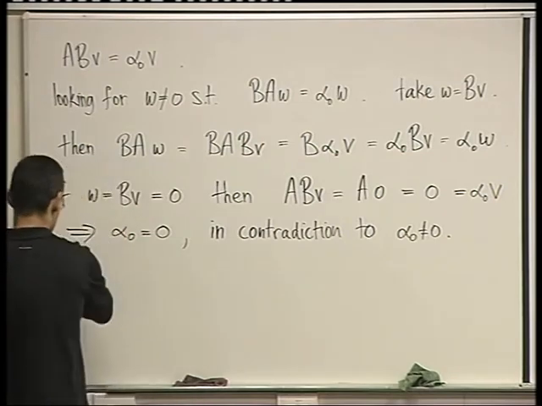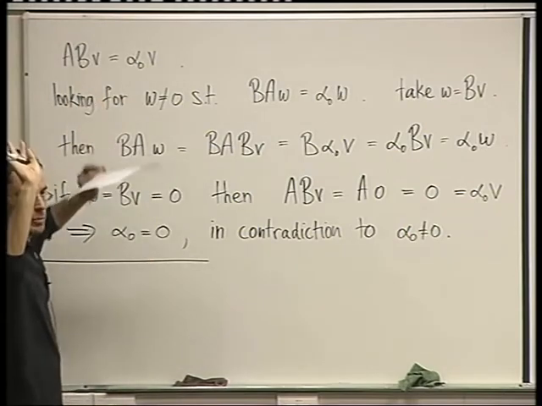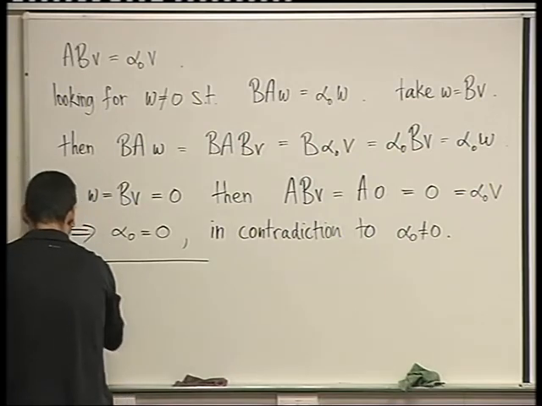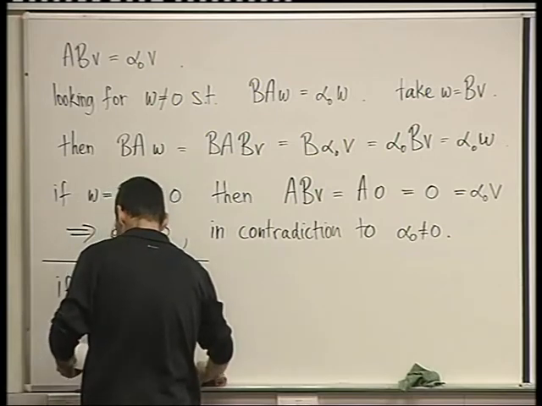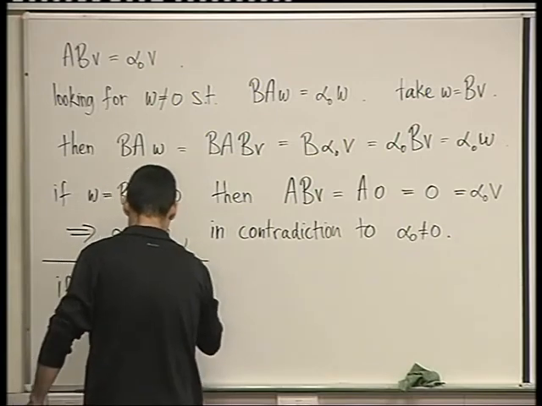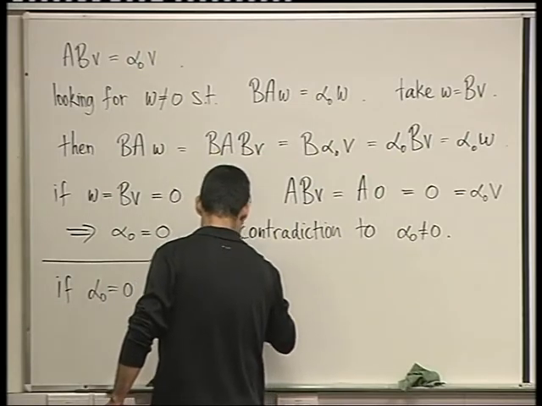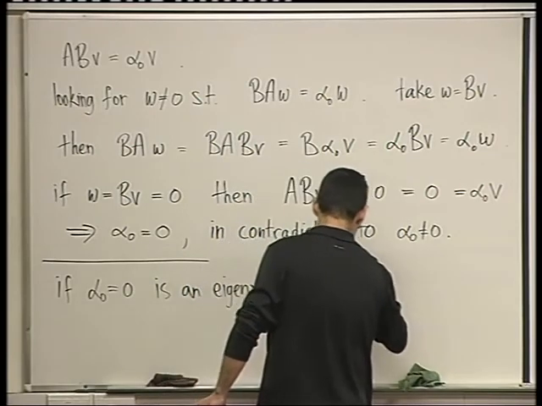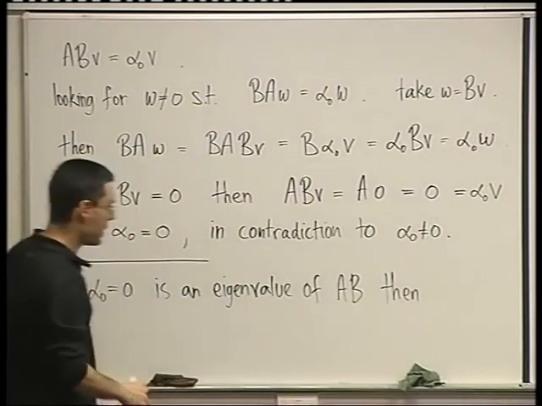Okay. But now we have to handle separately the situation where alpha 0 is 0. And we put a line, trace back to the start, and start from scratch. Assume alpha 0 is 0. If 0 is an eigenvalue of AB, then what does it mean?